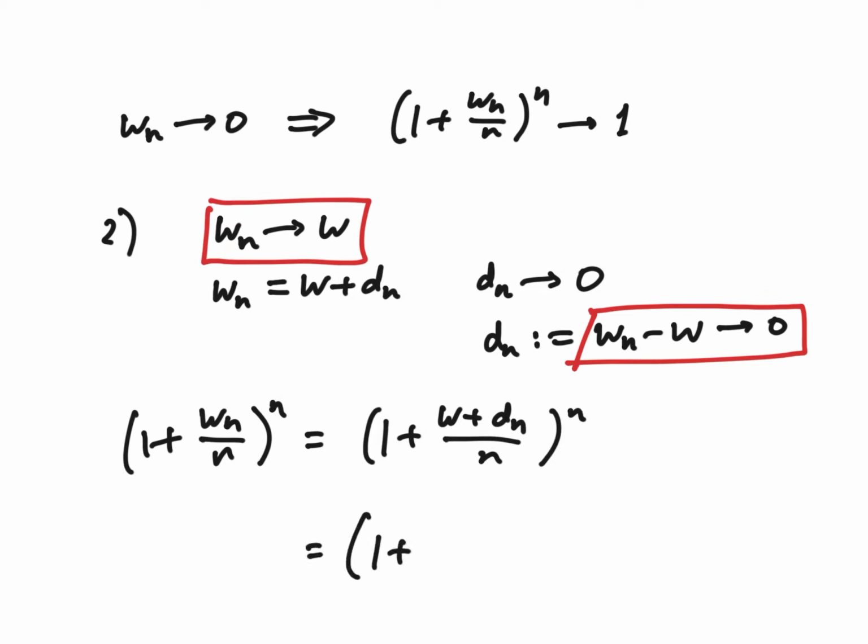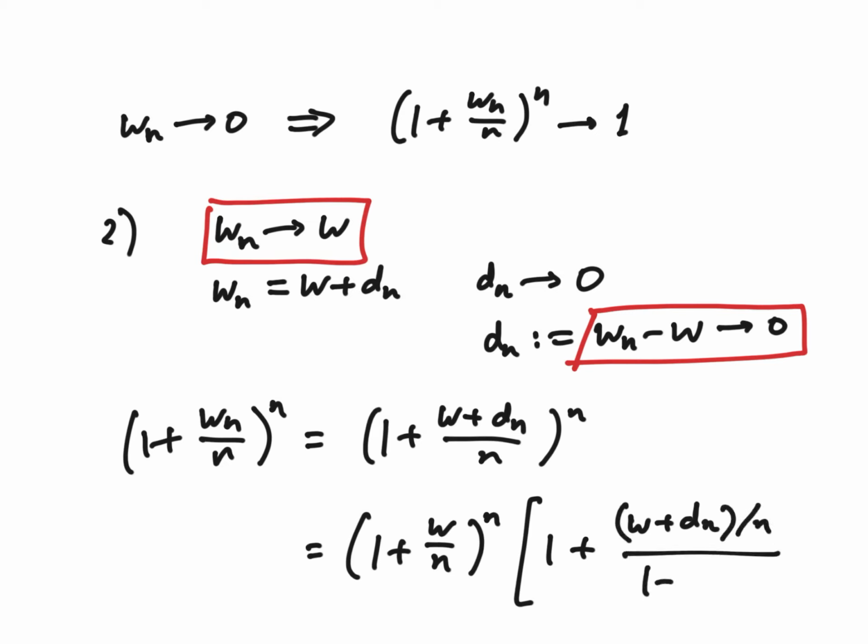Okay, and then if we look at this expression here, we can basically factor it. Something like that. We've seen this argument before. If you take this factor and multiply it by the 1, first of all, you have to combine the two nth powers.